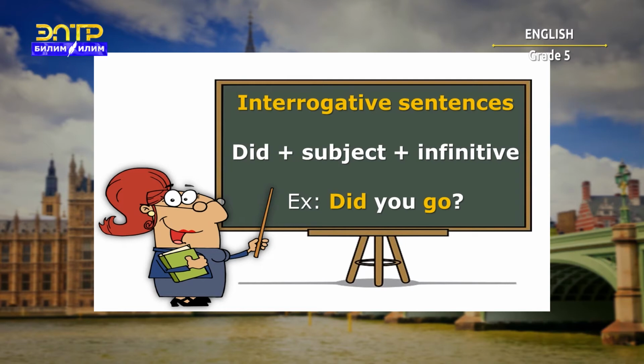So the question becomes, did you go? Again, we've come back to the base form of the verb, go. So that part is the same as with regular verbs. The principle is the same. The way that we form those verbs is the same for regular and irregular. Just with irregular, you have to learn the past tense form of the verb.